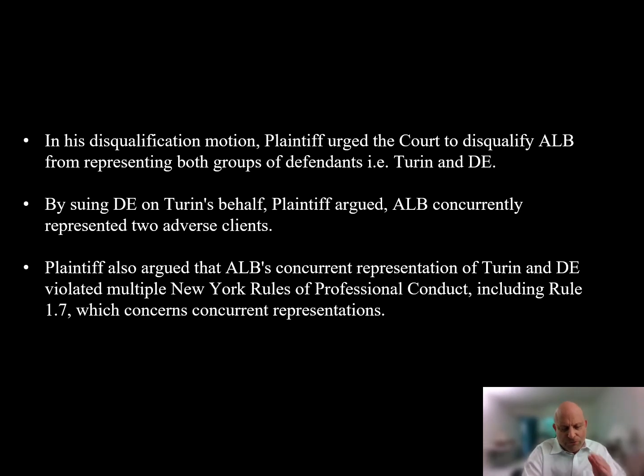And the briefing on the opposite side is no. We withdrew from representing DE, so the conflict's over. There's no more problem, and everyone should relax.